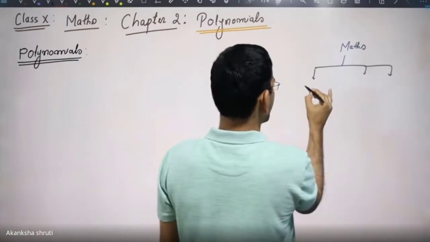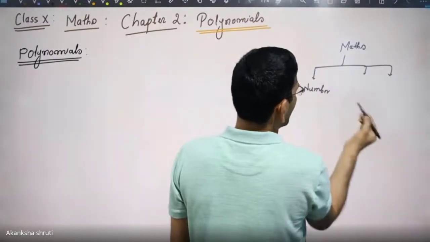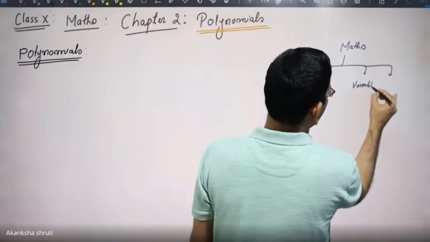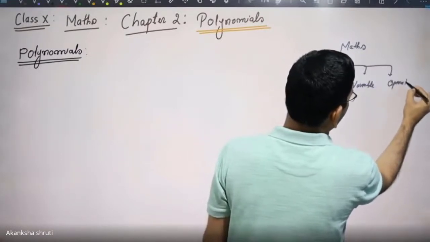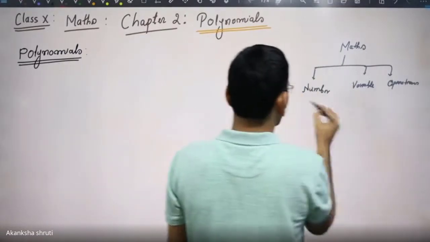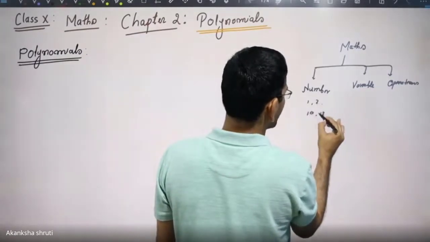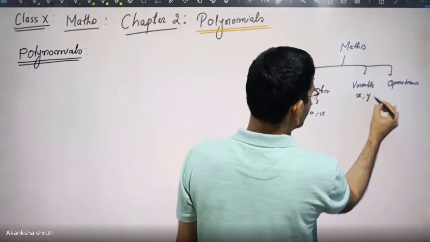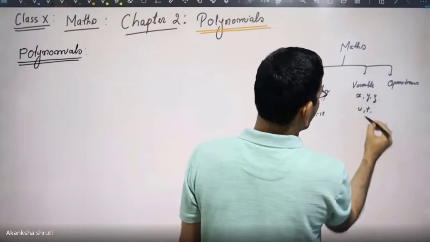One is our number, another one is the variable, another one is the operations or operators. Numbers may be your 1, 2, negative, positive, etc. Variables are commonly denoted by x, y, z, u, t, a, b, like this.